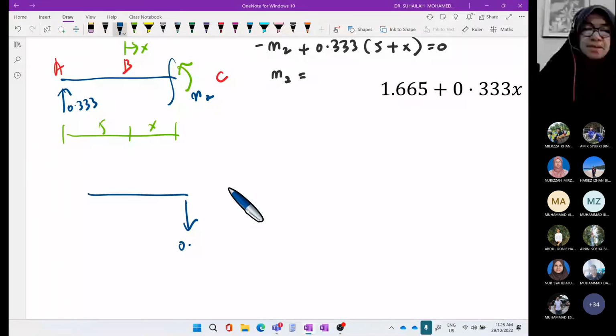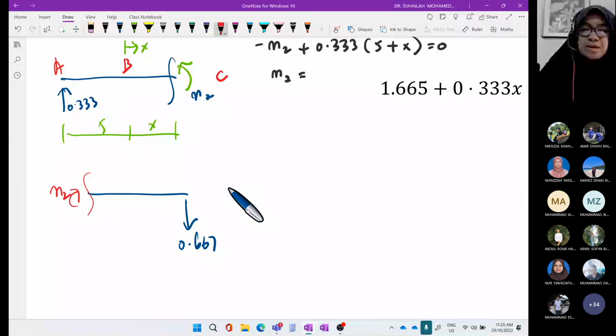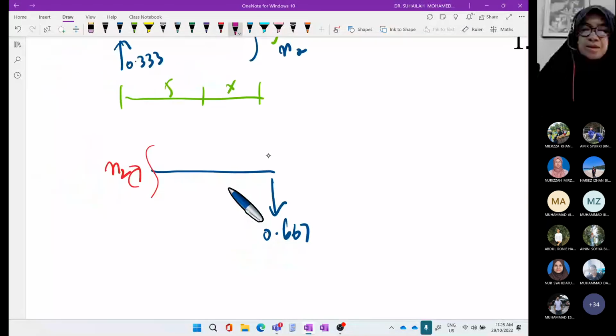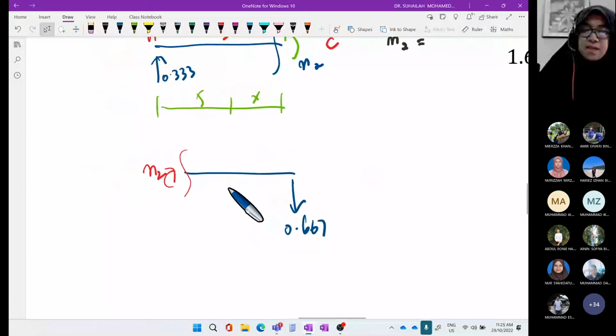This is M2. And this is A, B, C, D, E. So we want to write moment equation between C to E. So X kita dekat sini.